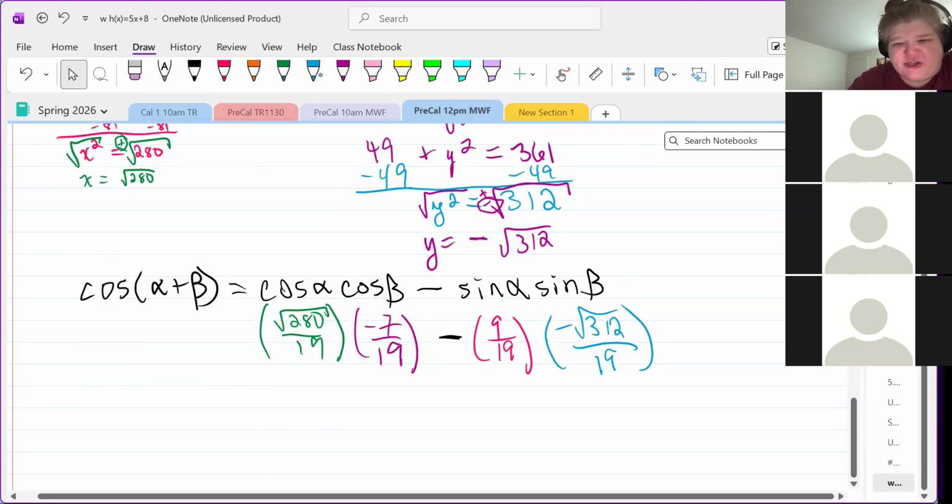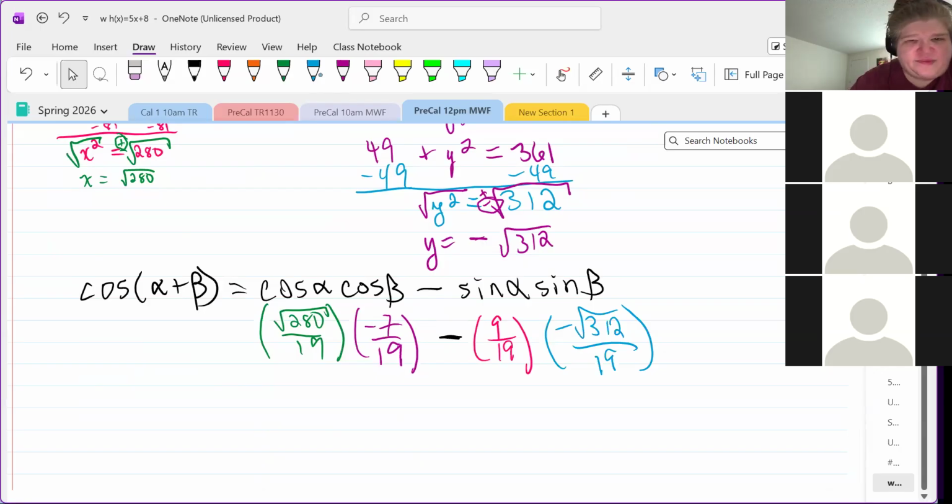Webwork should take the answer like this. Oops, forgot to close the first parenthesis.